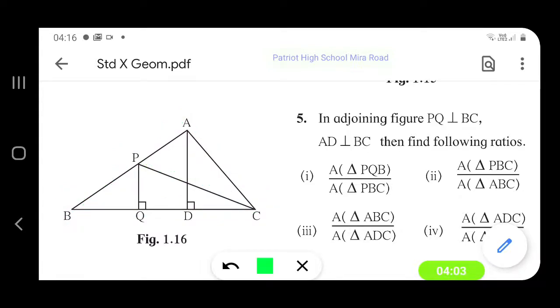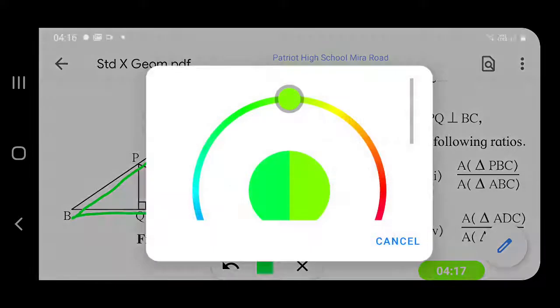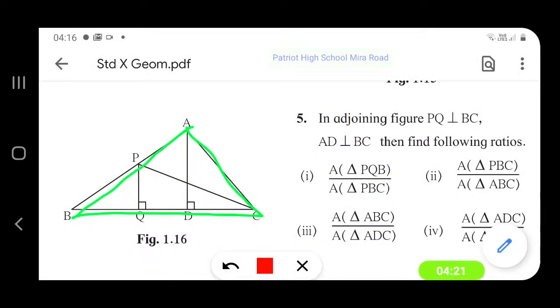Now consider the triangle ABC and triangle ADC.